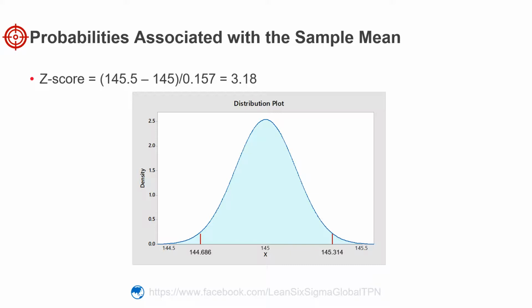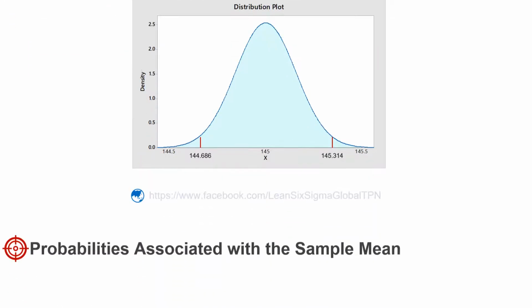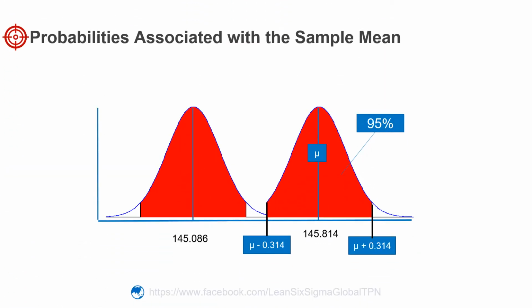So a sample mean of 145.5 is not within the typical variation we would expect if the process were on target. This sample does in fact provide evidence that the process mean has shifted away from 145 grams. It looks like the phone weights are no longer on target.